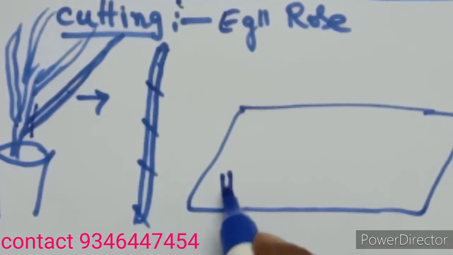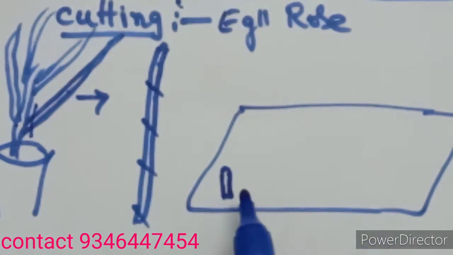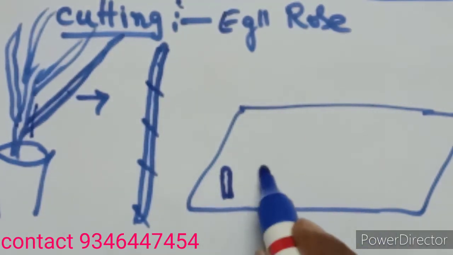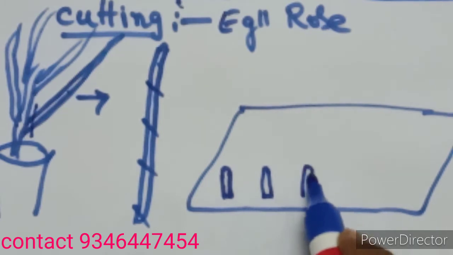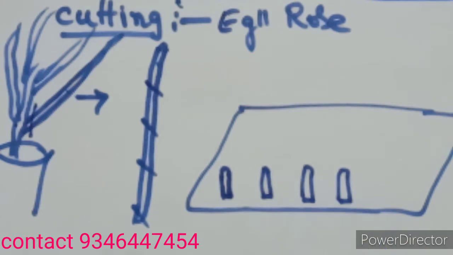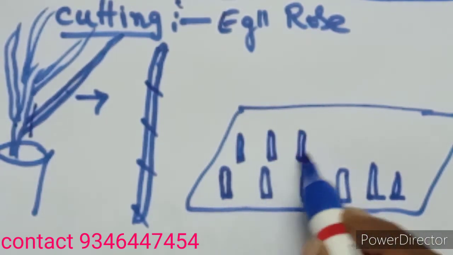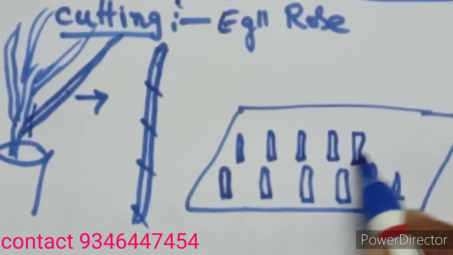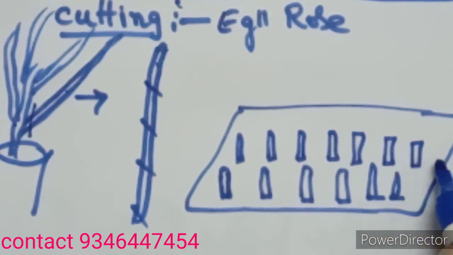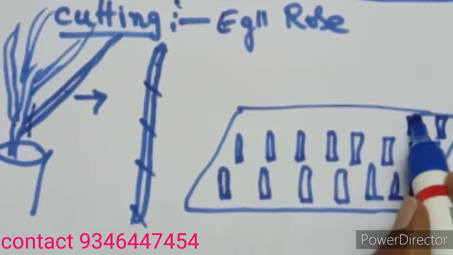How are they sown? Half is outside, and the remaining half is inside the soil. Like that, all the cuttings are to be inserted in the soil. Half appears above, and the remaining half is inside the soil.